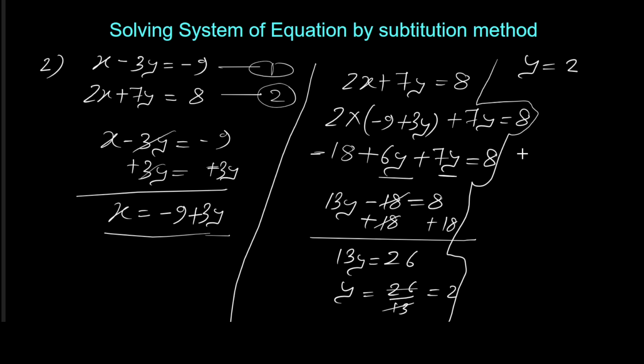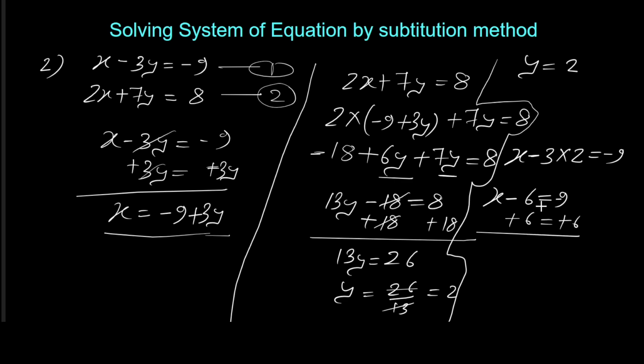We have x minus 3 times y, which is 2, equals negative 9. So x minus 3 times 2 gives us 6, equals negative 9. Let's add positive 6 to both sides to undo this 6.